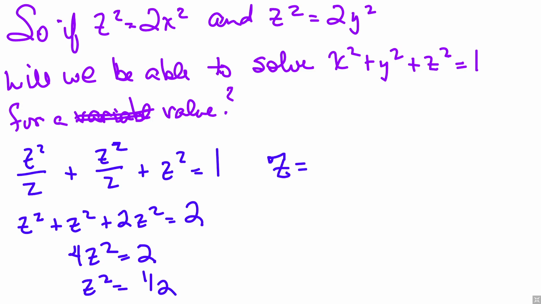Plus or minus 1 over the square root of 2. All right, so we found z. So now we can find x and y. Let me back up a little bit.